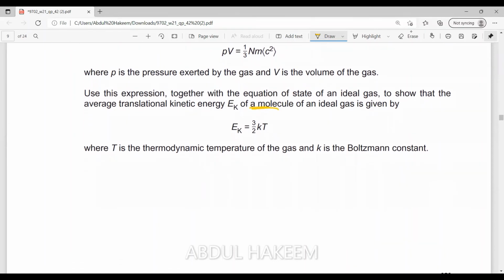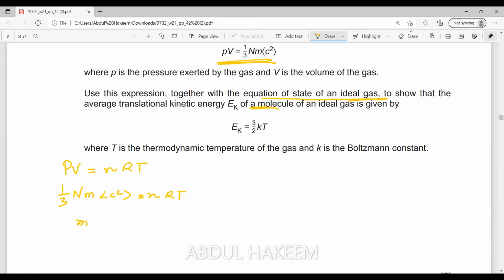Look, the equation of state of the ideal gas is PV equal to nRT. And from this equation, PV equal to 1 by 3 N m times the mean square speed is equal to nRT.